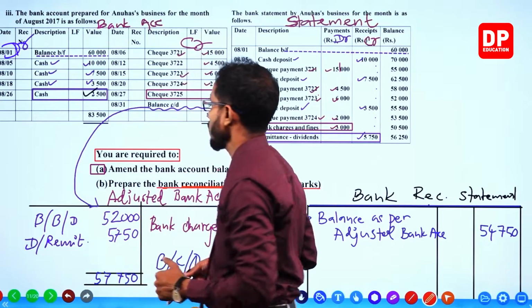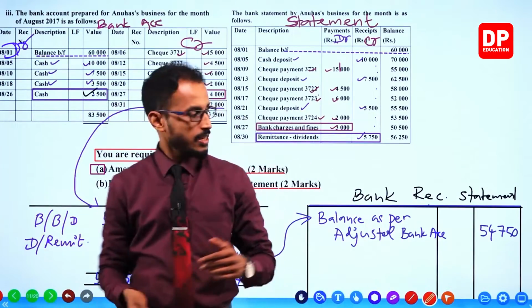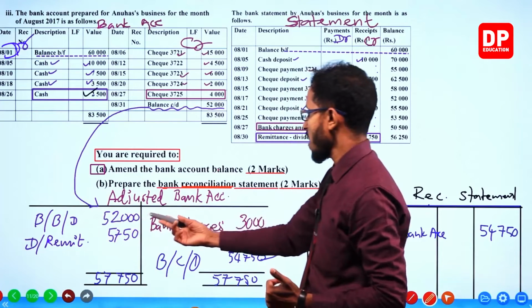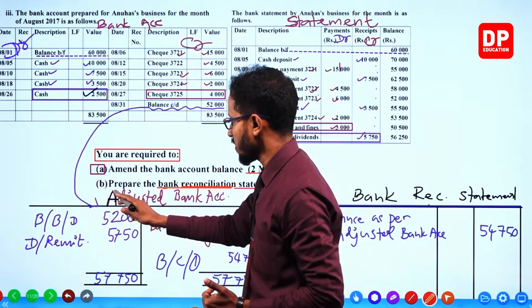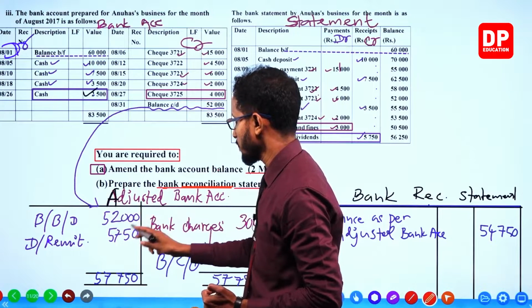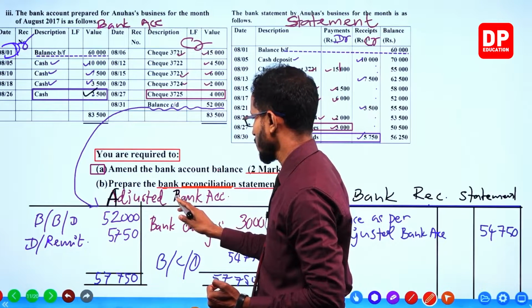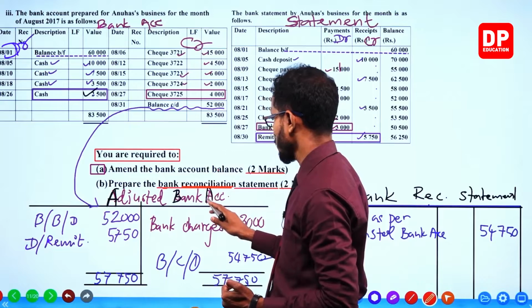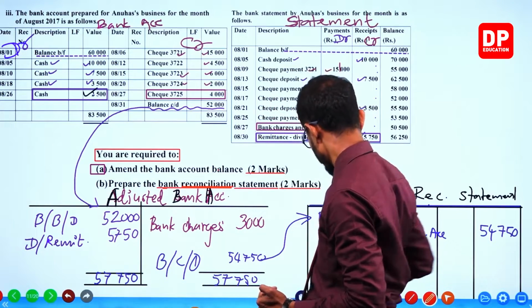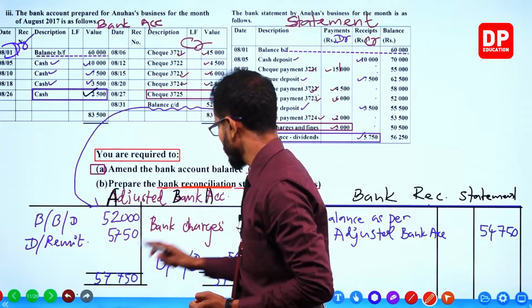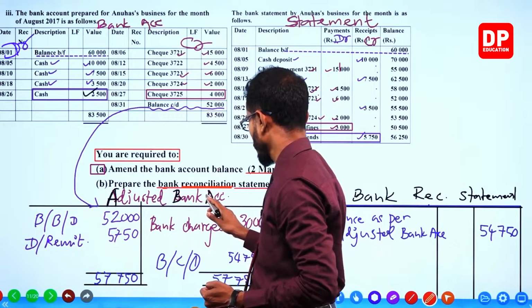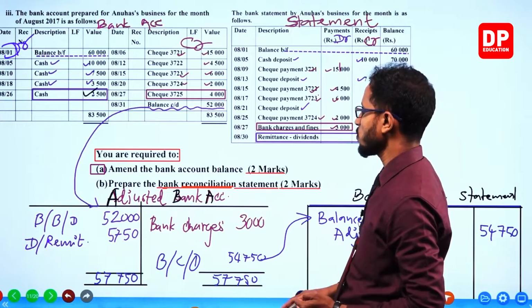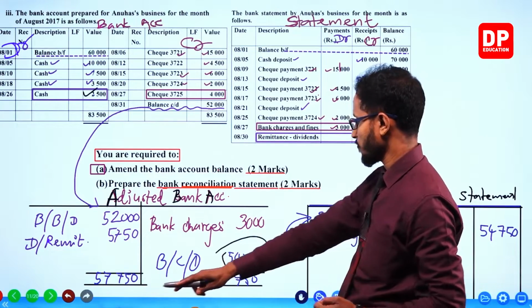Now we have already taken the adjusted bank account balance. See this one.